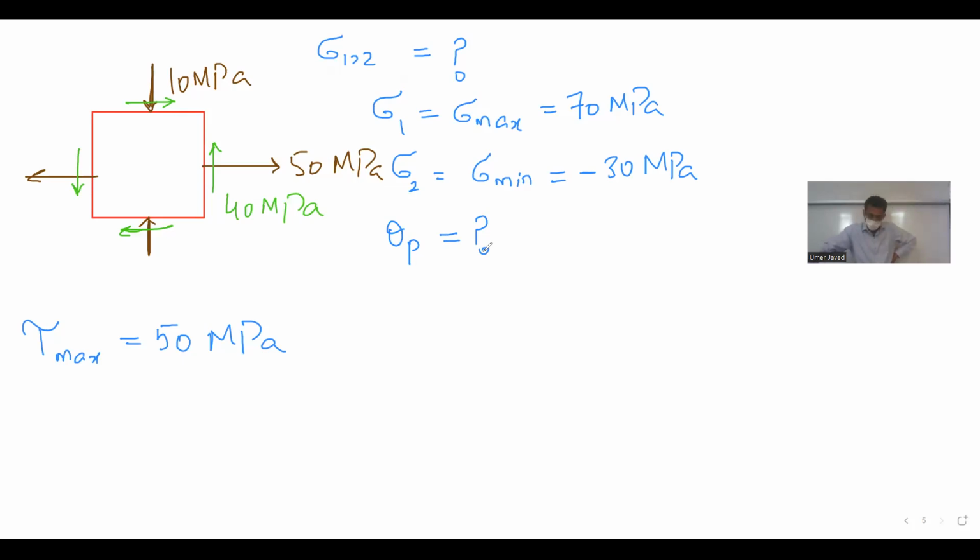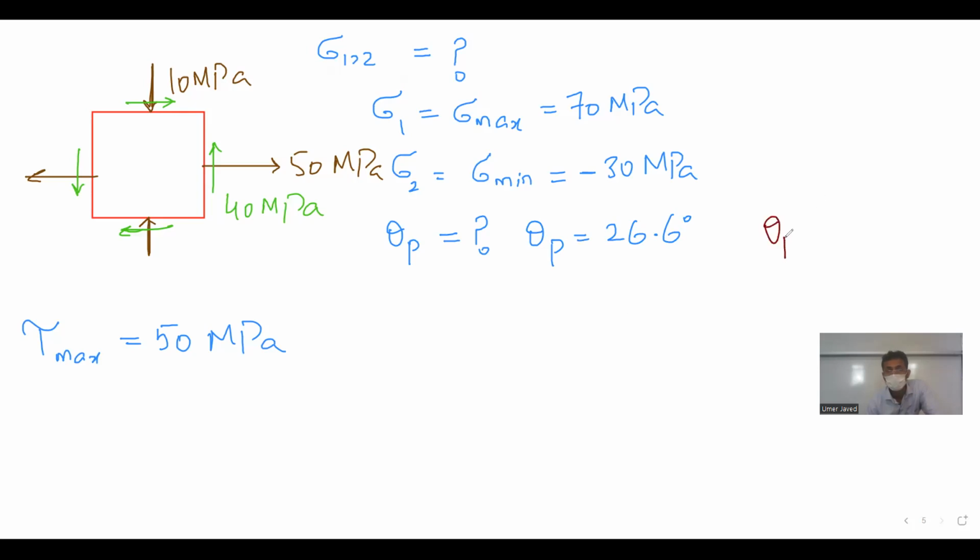John, 26 point. Okay. Anyone else who did it? Very good. Your answer is correct, by the way. Hafad also got it. Okay. 26.6. Here comes the question for you. The other angle will be 90 plus, by the way. Okay, hang on. I have a quick question for you. 1 theta p is 26.6, the other theta P will be 90 plus 26.6, 116.6. My question to you is 70 lies on this one or 70 lies on this one?